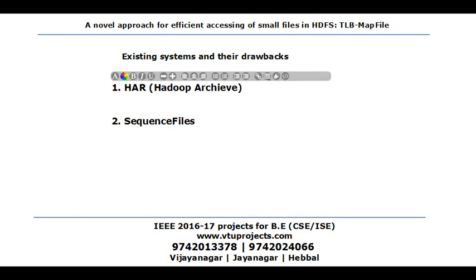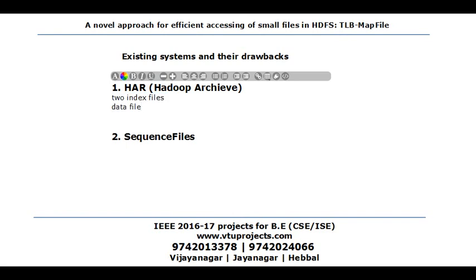To mention the drawback of the first existing system, that is Hadoop Archive, we can say the drawback is that when HDFS tries to read a HAR file, it has to read two index files and the data file. In simple words, HAR maintains two index files and one data file in its working.